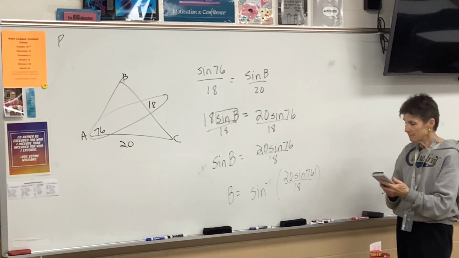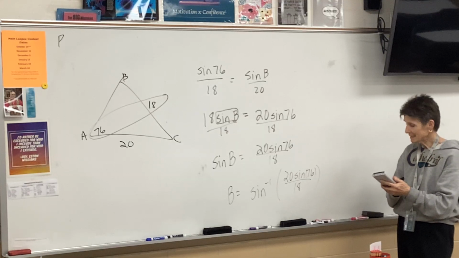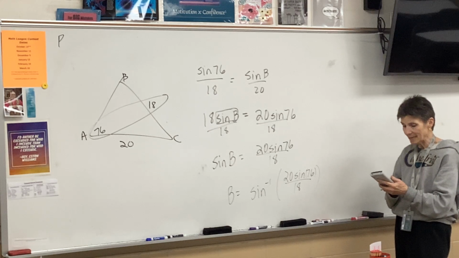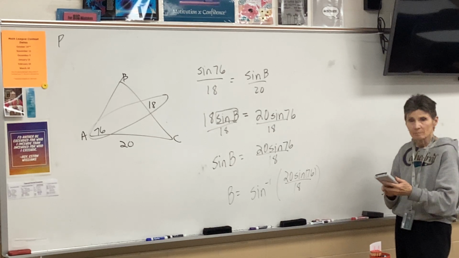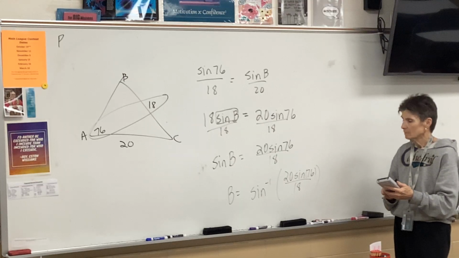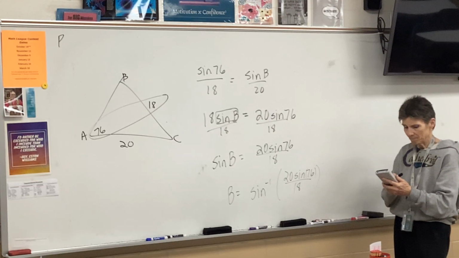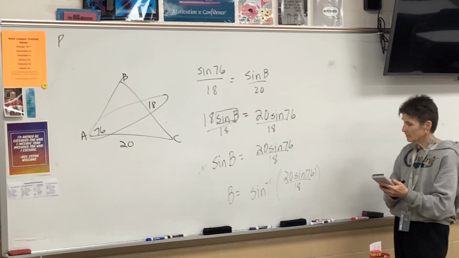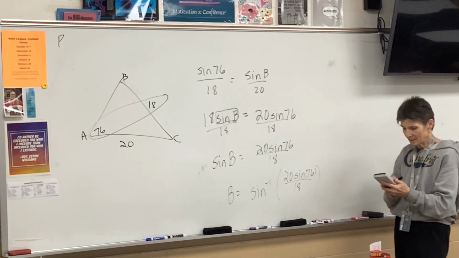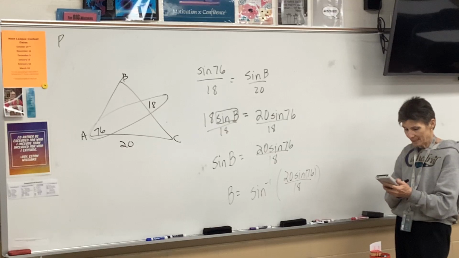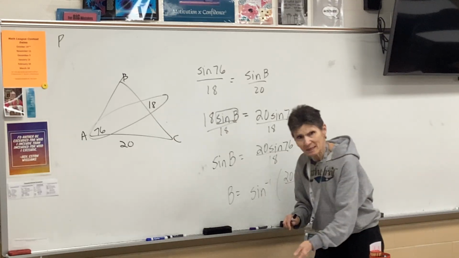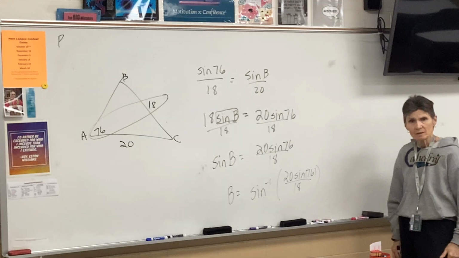Inverse sine 20 sine 76 close parentheses divided by 18. I better type that in again. Second sine 20 sine 76 divided by 18. I keep getting error. Do you keep getting error? What's going on?